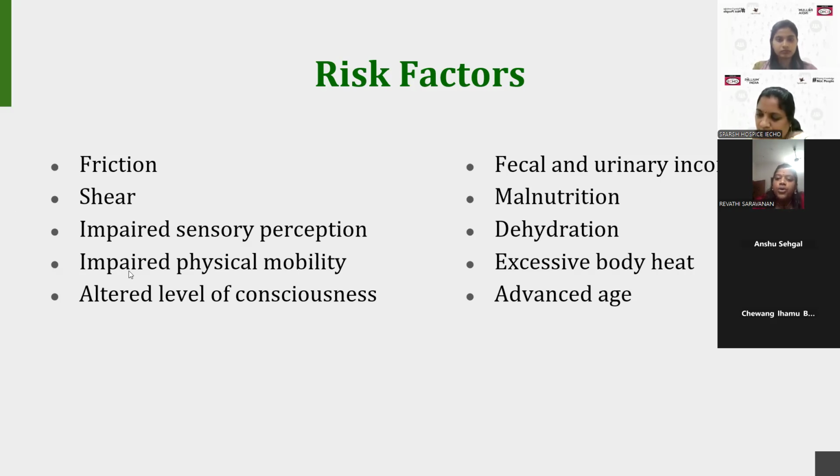That will make their body excessively hot, so blisters will arise. Then advanced age. Geriatric people are commonly affected with dehydration, then metabolism disorders, then fecal and urinary incontinence. So that is also a main reason for the pressure ulcer. Can you understand me?